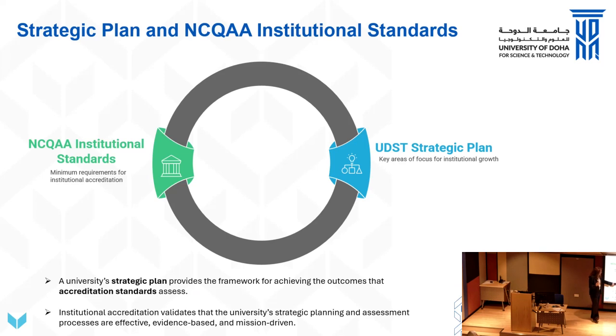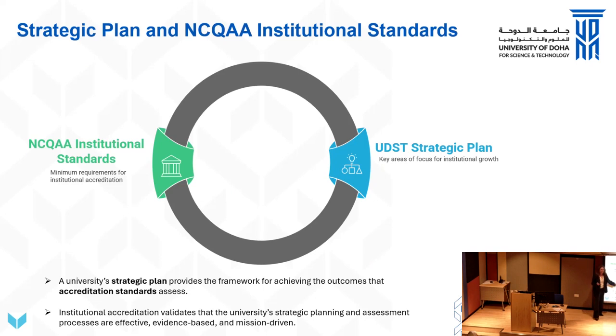So our university strategic plan provides a framework for achieving the outcomes of the accreditation standards, and institutional accreditation validates that the university's strategic planning and assessment processes are effective, evidence-based, and mission-driven. So we are meeting the standards through our strategic plan, and the NCQA is looking at our strategic plan and how we're meeting the standards.